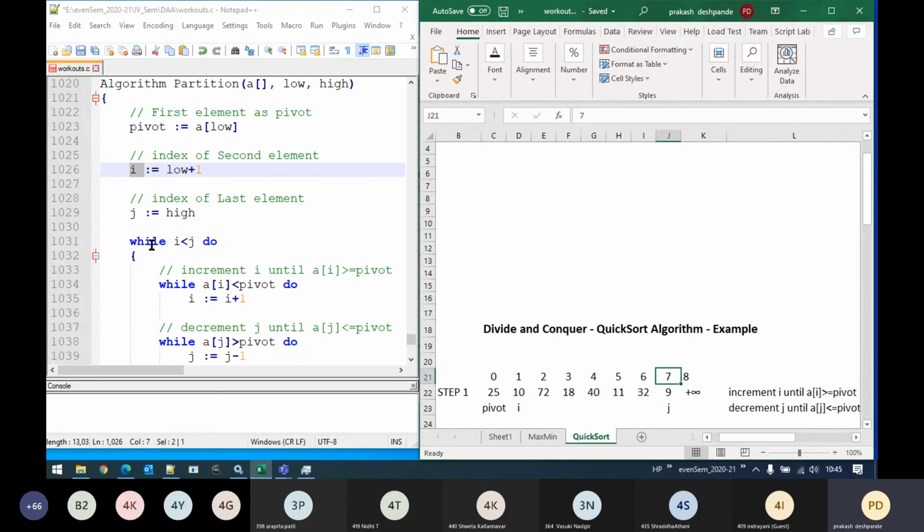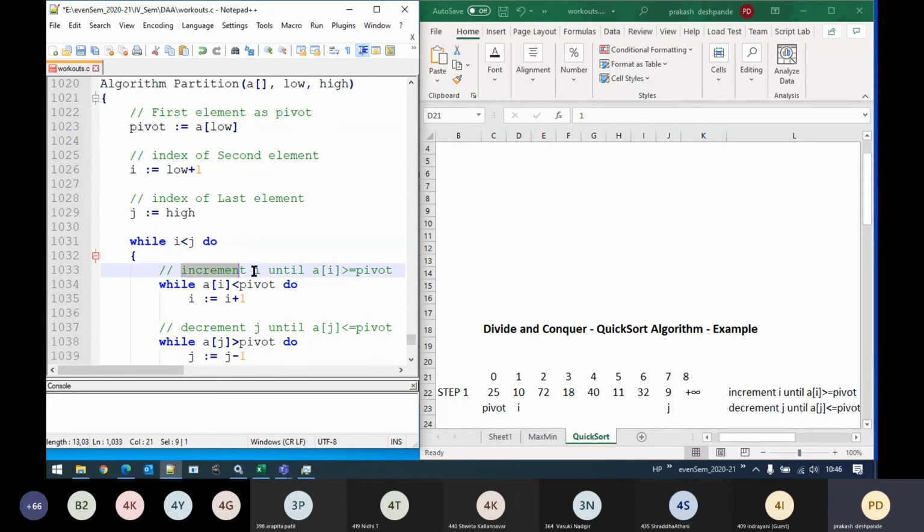Okay, now we will go into checking the condition. Is i less than j? Is it true? Yes, sir. It is true because 1 less than 7 is true. It will enter into the while loop. What has to be done inside the while loop? We will keep on incrementing i and we will keep on decrementing j until the conditions are satisfied.